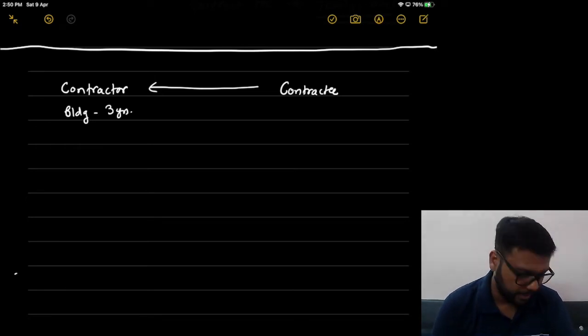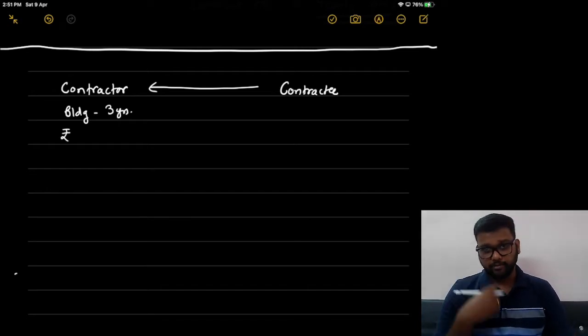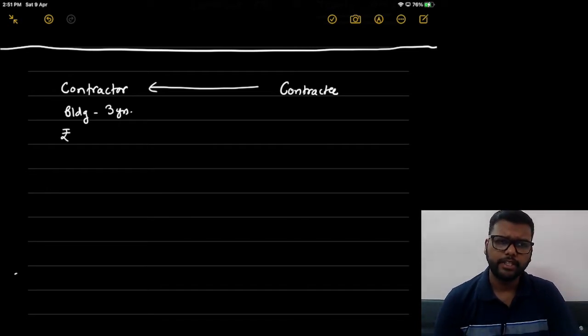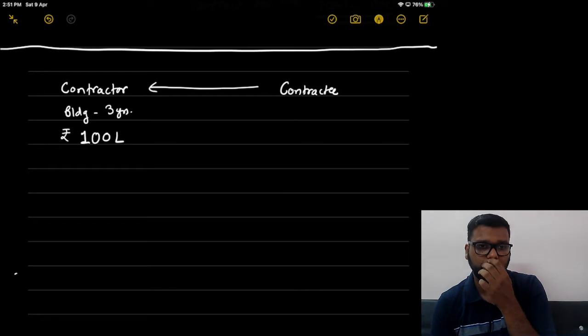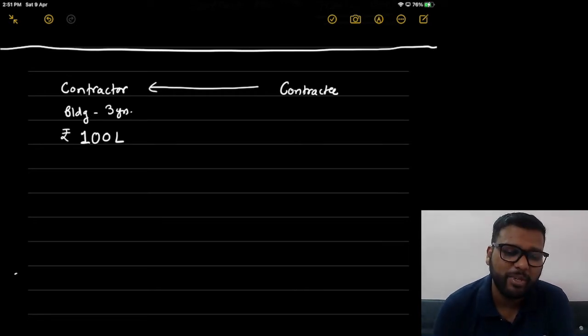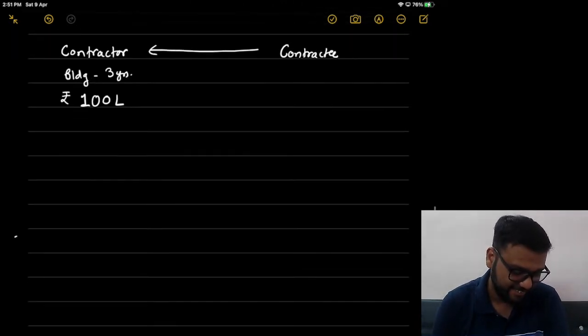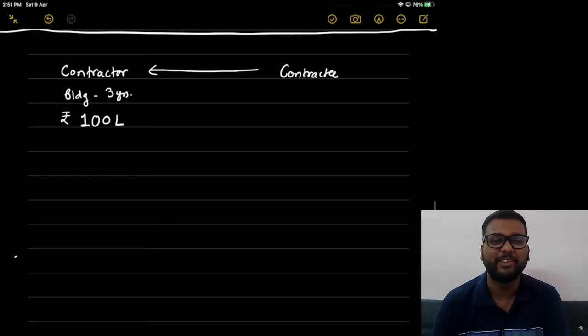Total cost of that building is, let's say, total amount that we are going to get from the contractee is, let's say, rupees 1 crore. That is 100 lakhs. Do you think he will give it immediately? No, right?